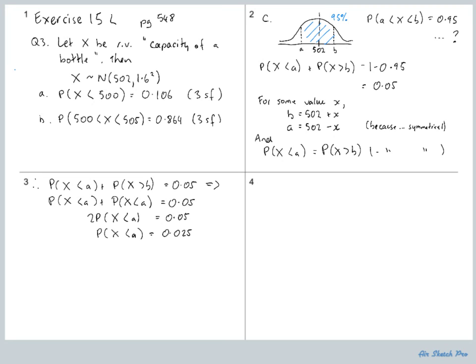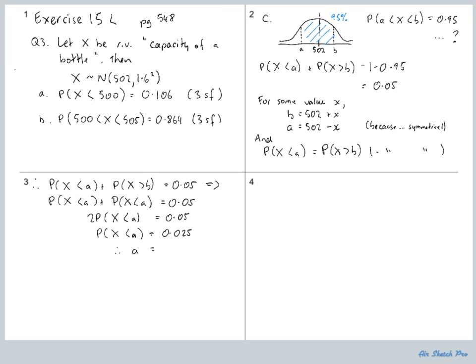Okay, I'll stop there for a moment and ask if there are any questions. Okay, so that's making sense so far, or you're too shy, one of the two. Now we're going to use our calculator to work out the inverse distribution function. So I'm going to go menu 5, 5, and then 3 for inverse normal.